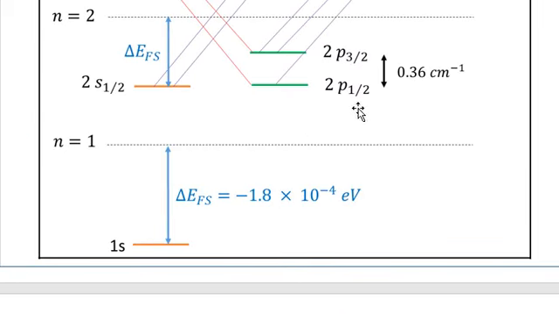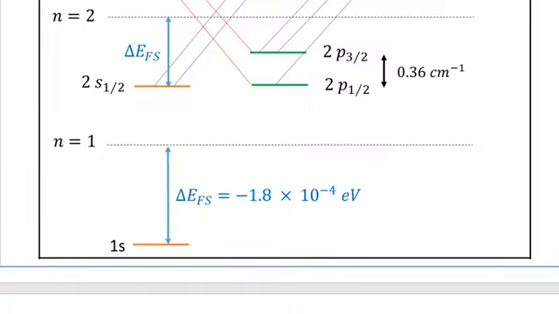That is between these two terms, 2s1/2 and 2p1/2. It was observed using microwaves absorbed by the hydrogen atom, and we found that there is a difference between the energy levels. That is, the energy of the 2s level is slightly different from the energy of the 2p levels.